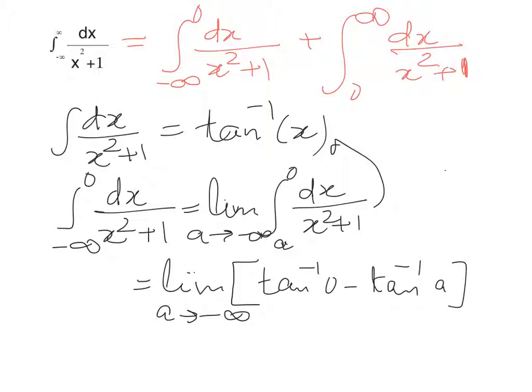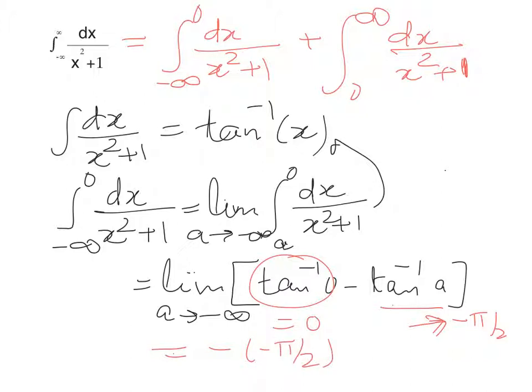This is 0, and as a approaches negative infinity, tangent inverse a approaches negative pi over 2, and therefore this becomes negative of negative pi over 2, which is equal to pi over 2.